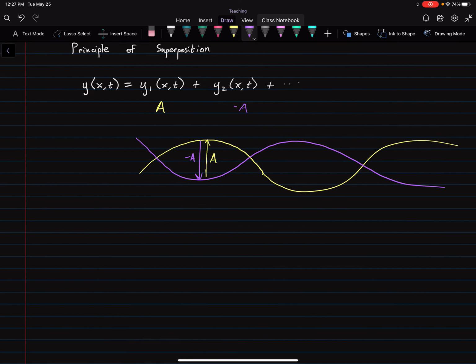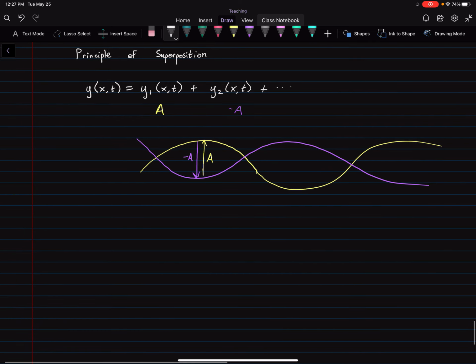In which case, the resulting wave from the superposition of those two waves is no displacement, and therefore, if they are exactly inverse of each other, you get no wave.